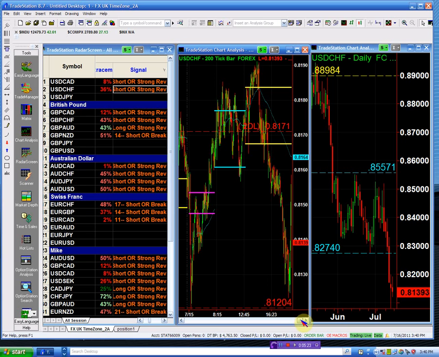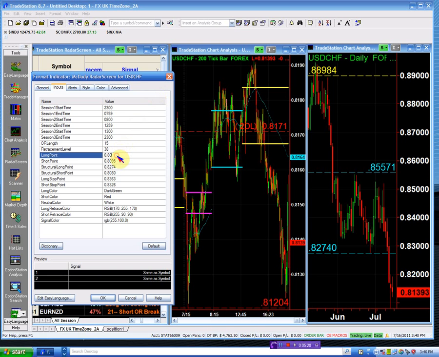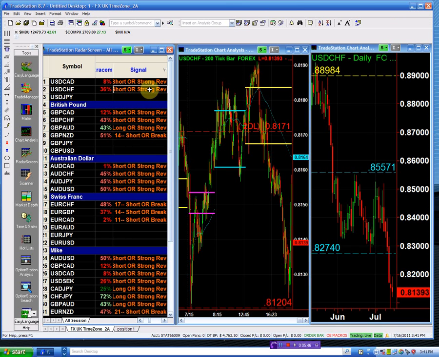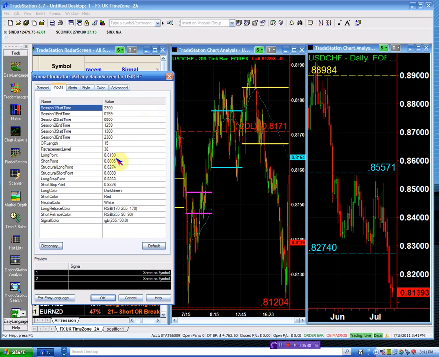So what we're going to do is buy the dollar Swiss above 81.99, and the structure long is going to be the 83.26. That is my structure long.